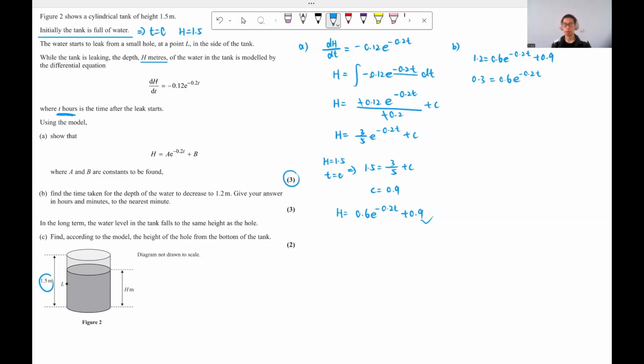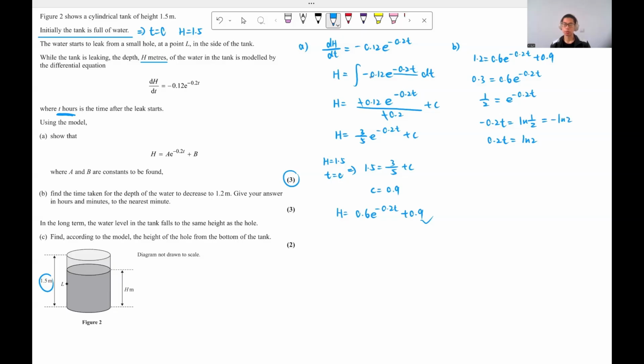And then divide by 0.6. So 0.3 divided by 0.6 is just equal to 1/2. So 1/2 equal to e to the power negative 0.2 t. That means negative 0.2 t is just equal to ln of 1/2. And 0.2 t should be the same as ln 2 because ln 1/2 is negative of ln 2.